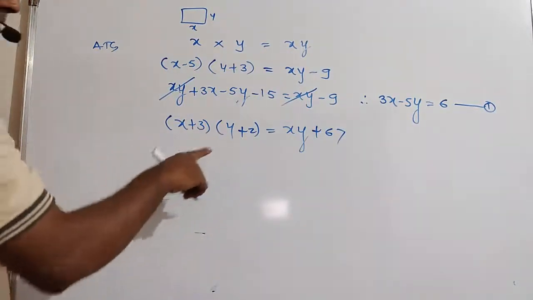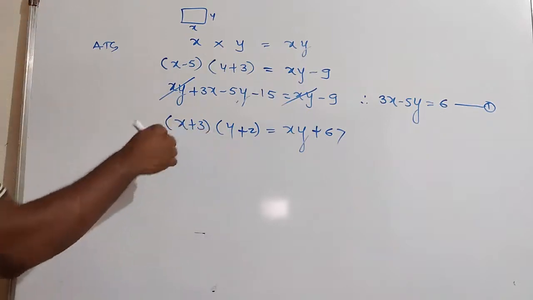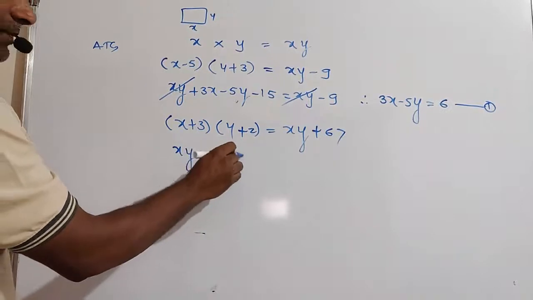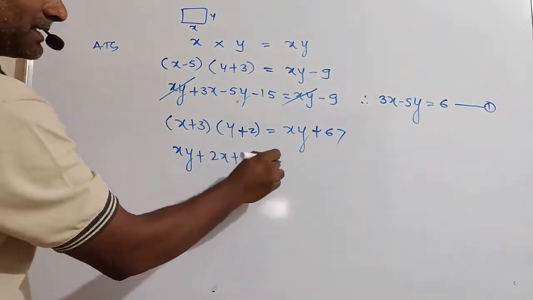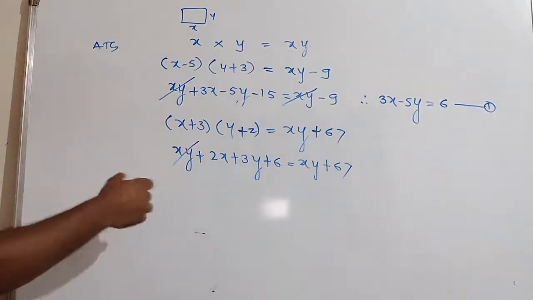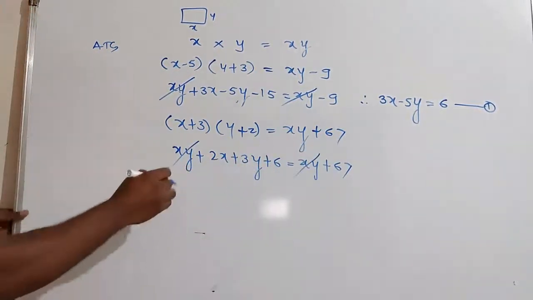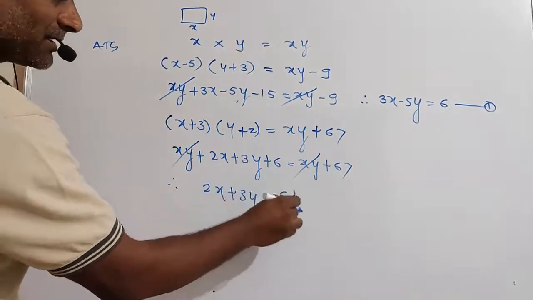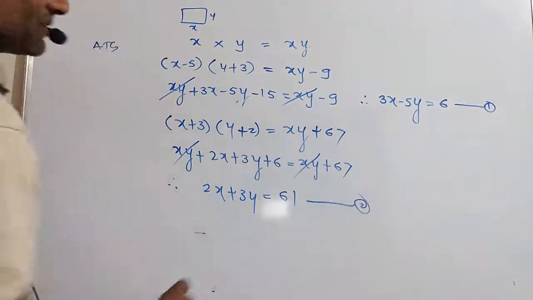Okay, so again we will simplify this. Multiply both the brackets: xy plus 2x plus 3y plus 6 is equal to xy plus 67. This xy and this xy will be cancelled. Therefore, 2x plus 3y is equal to 61. This is the second equation.